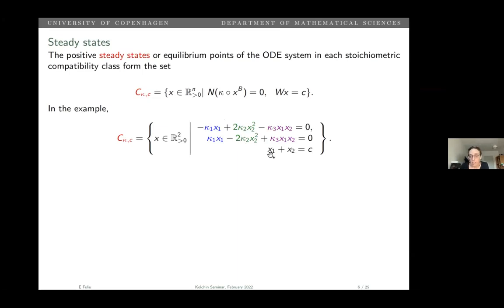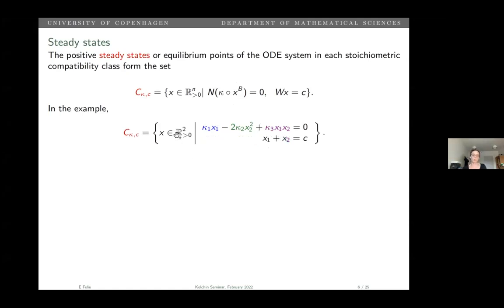Each linear relation arises because there is a vector in the left kernel of N. So each linear relation constraining the dynamics means that there is one redundant equation on this part. In this case, the linear relation is that the sum of the two equations is 0, so I can get rid of one of them. And you can always do that.